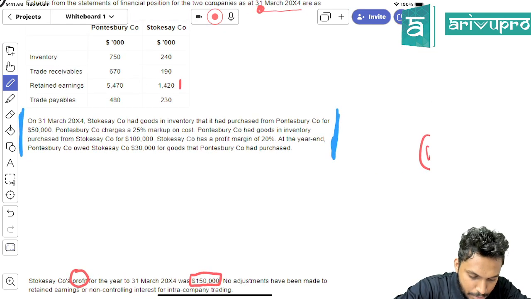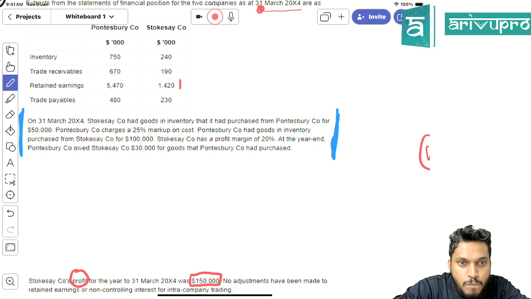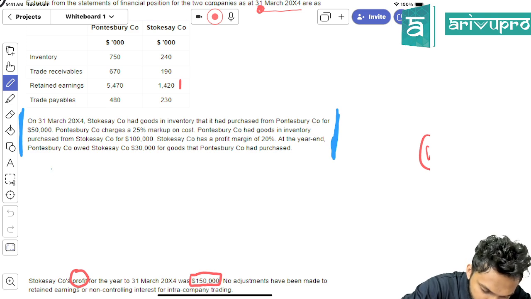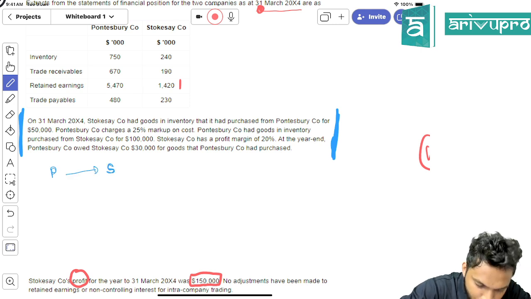So on 31st March 2014, S company had goods in inventory that it had purchased from P company. So which means who has sold to whom? Parent had sold goods to subsidiary.